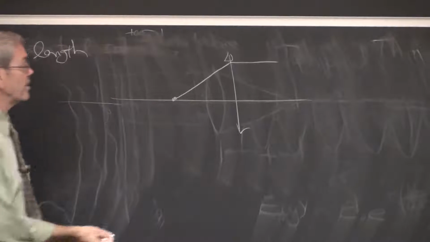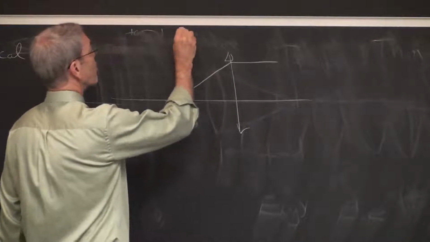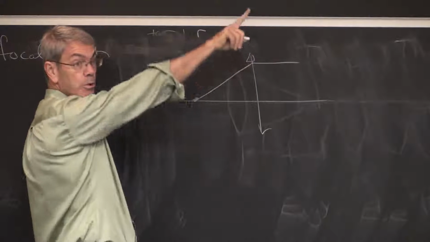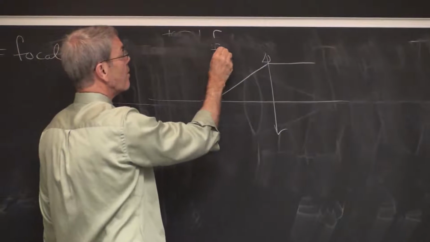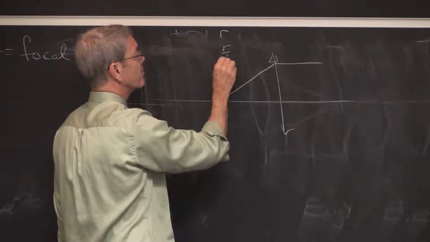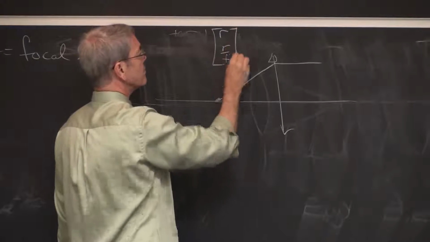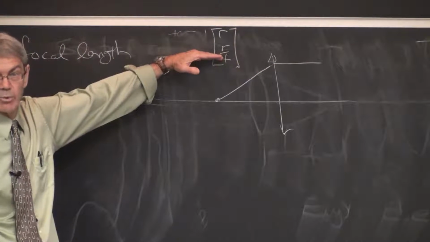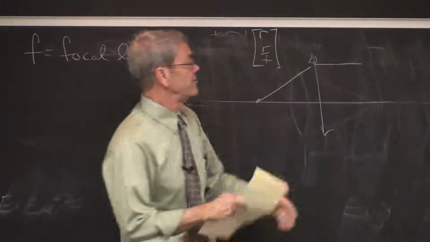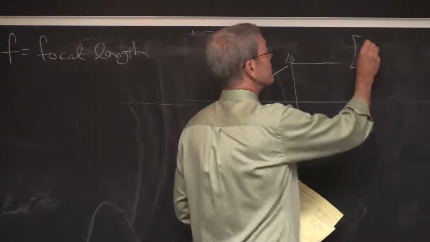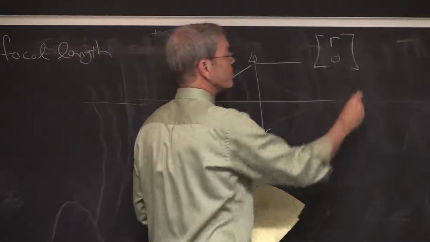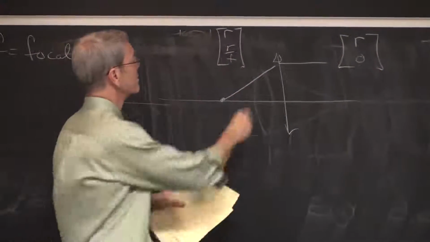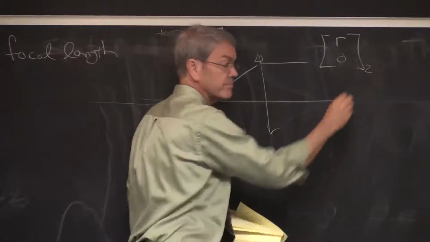What I like about this is I know it hits at a position R. It has a slope of R over F. That's R1. So I know its height and its slope on input. Its exit has the same height and 0 slope. So I know R1, I know R2.